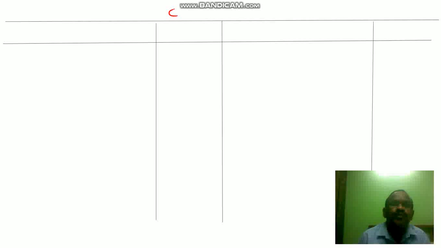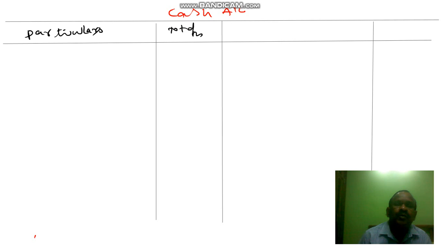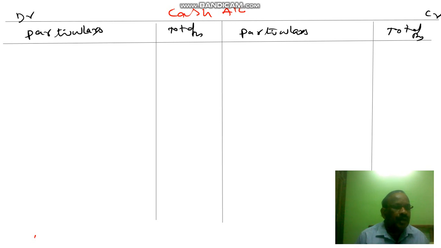So next we are going to prepare the cash account, goodwill account and balance sheet. Cash account: particulars, total rupees. At any time the cash account shows a debit balance.